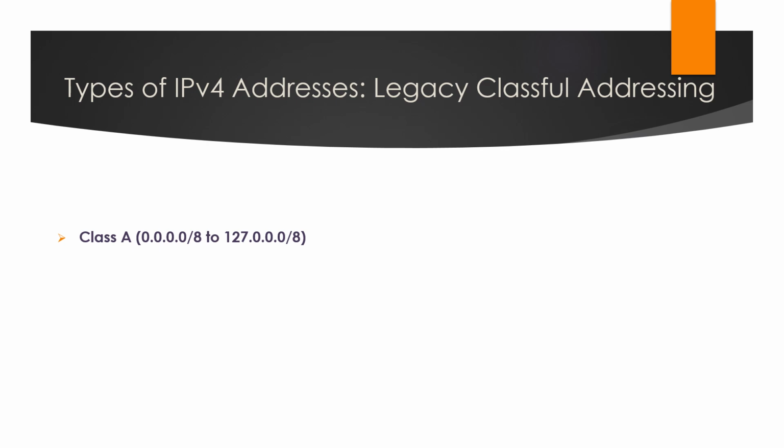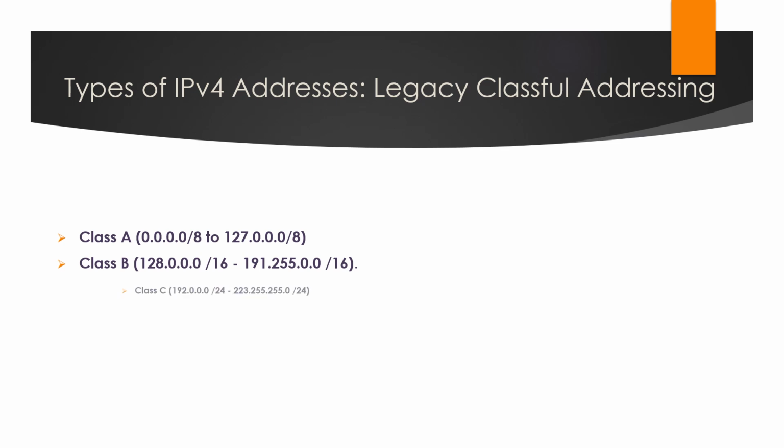We have class B with the range of the IP address as it is shown in the slide. It is designed to support the needs of moderate to large size networks with up to approximately 65,000 host addresses. Class B used a fixed /16 prefix with the 2 high order octets to indicate the network address and the remaining 2 octets for the host addresses.